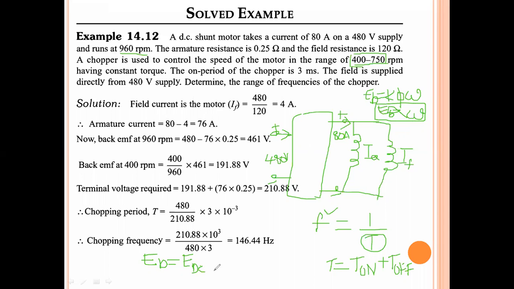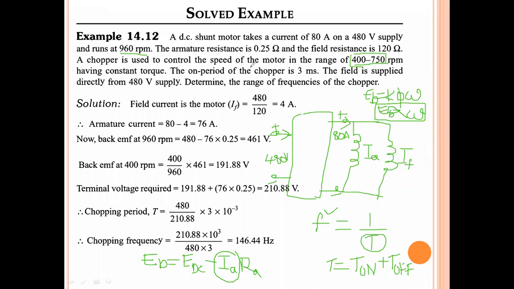R_a is the armature resistance, already given as 0.25 ohm. E_DC is the supply voltage, 480 volts, which is also given. But what about I_a? I_a is the armature current.